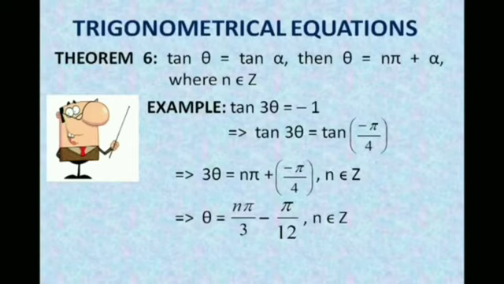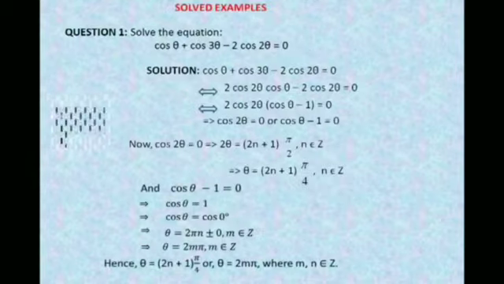But in the case of cos, you find the first angle between 0 and pi. So you can easily find that alpha. Once alpha is in your hand, you can find theta. So here theta is coming out to be n pi by 3 minus pi by 12.